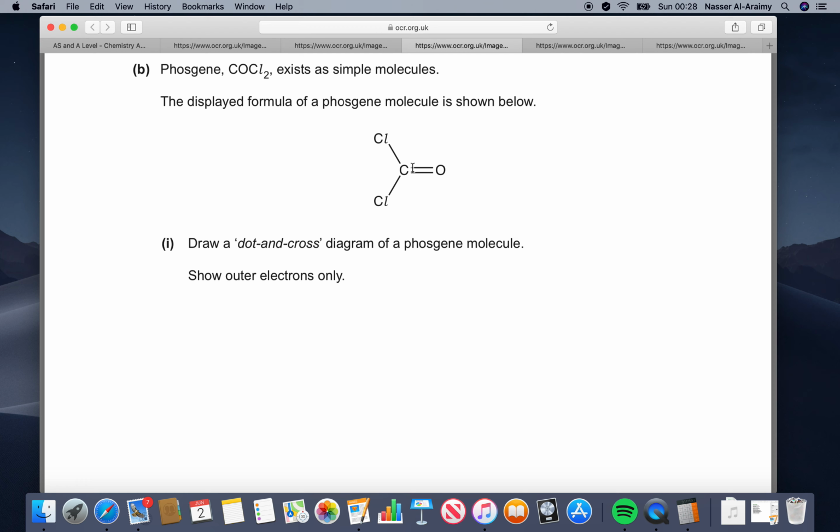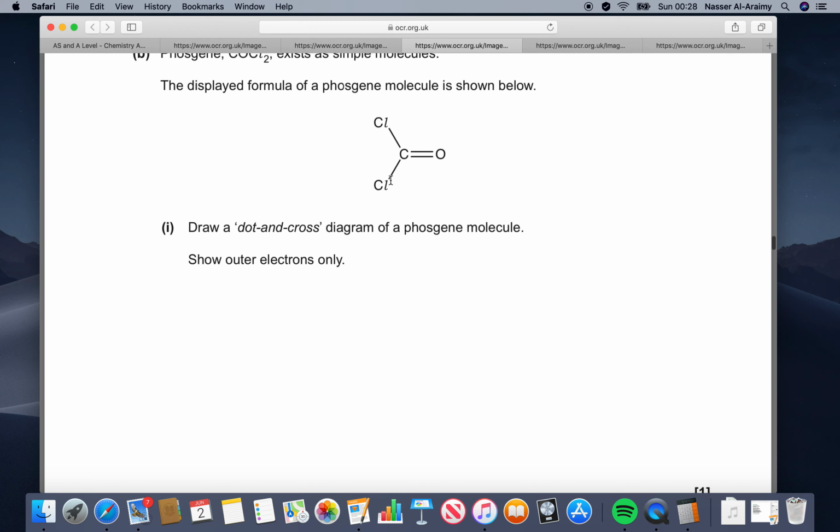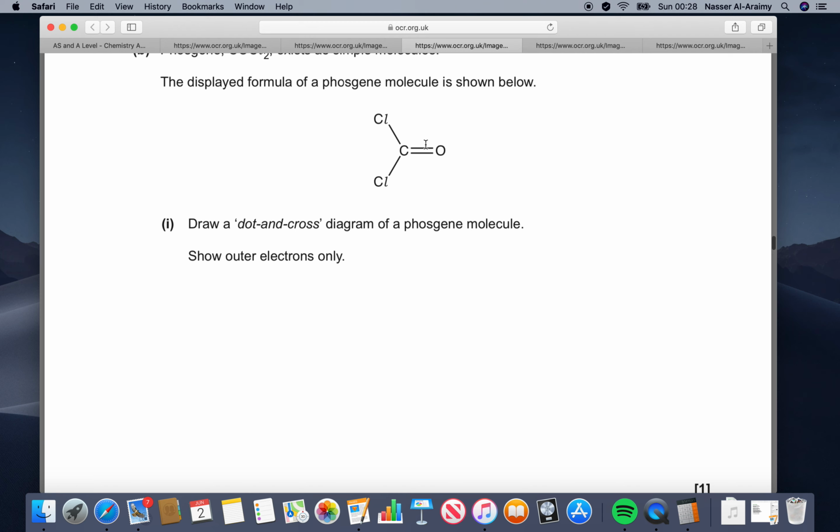I mean, what the flip is phosgene? You have never seen something like that before, but when you see the shape, you should be able to describe it based on what you have got.